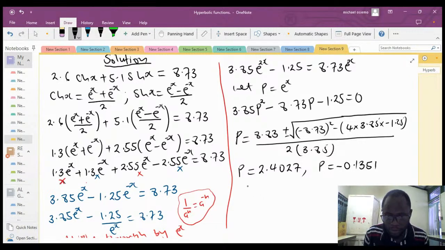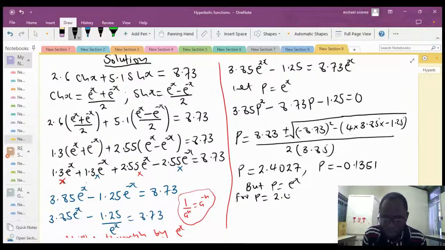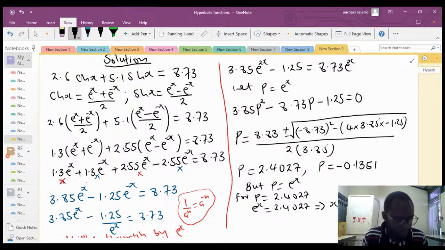But you know what p is? p is equal to exponential x. So for p equal to 2.4027, exponential x is equal to 2.4027, which means that x is equal to ln of 2.4027.